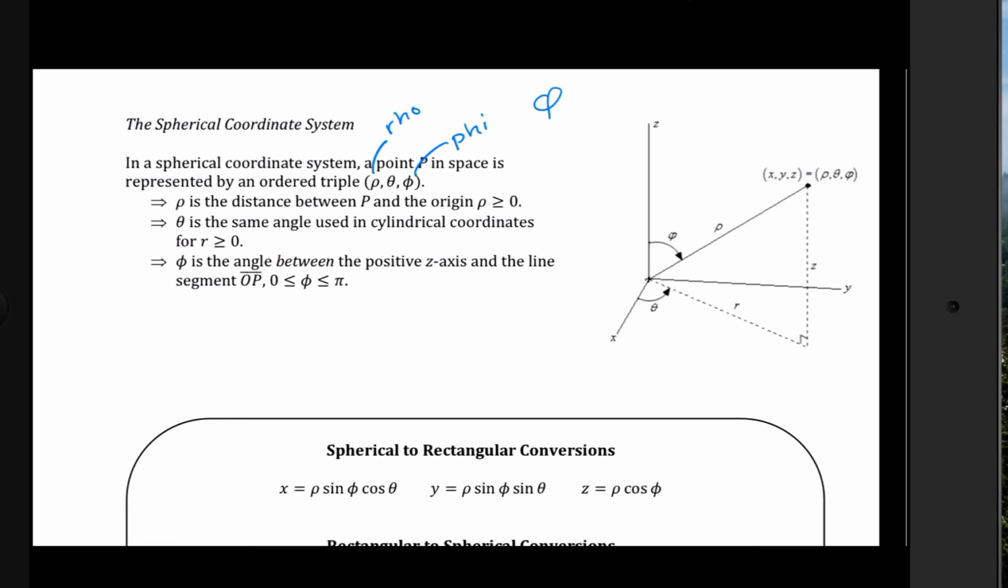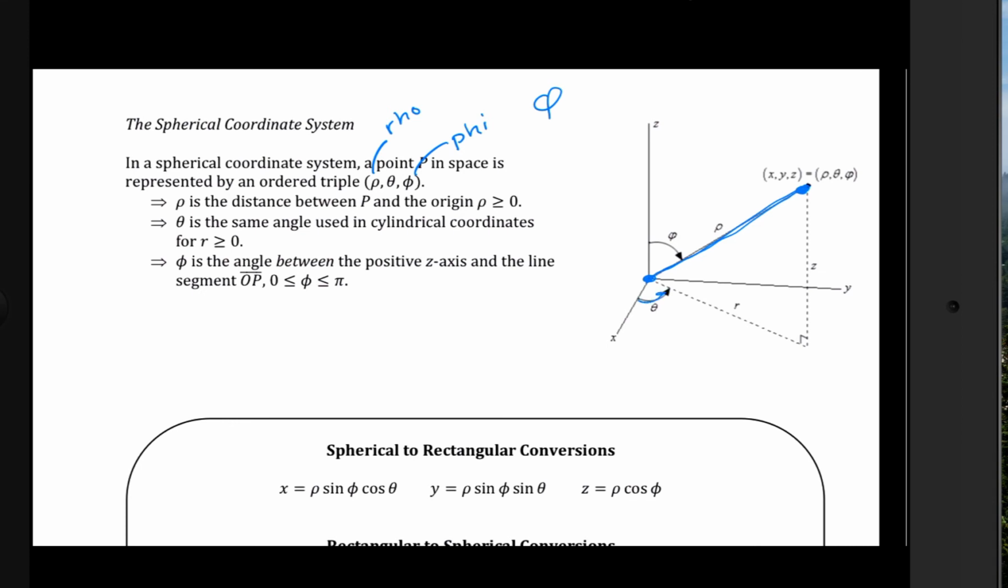So the theta is the same theta from cylindrical coordinates. And rho is actually just expressing the distance to a point x, y, z from the origin. So it's just a distance, square root of x squared plus y squared plus z squared. We've been doing distance in 3-space for a while as well.